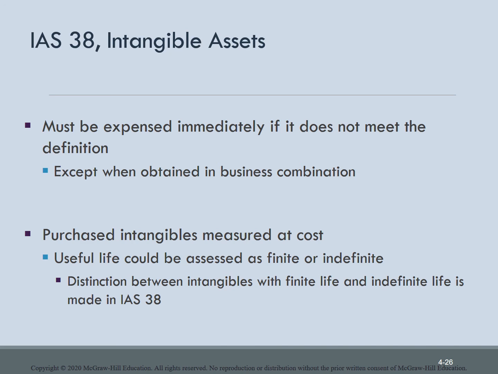We know that if an asset, intangible or tangible, has a finite life, you're going to depreciate or amortize it over that period of time. But if it has an indefinite life, there is no period of time over which to amortize or depreciate, so you can't. So typically, if you have an intangible asset with an indefinite life, you're not going to amortize it on a regular basis.